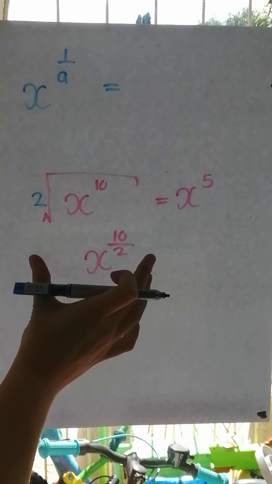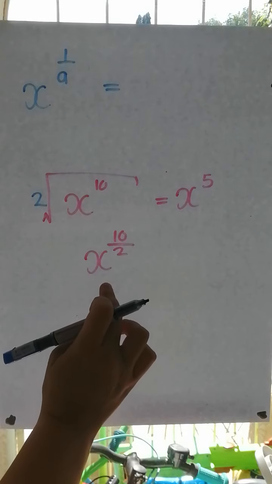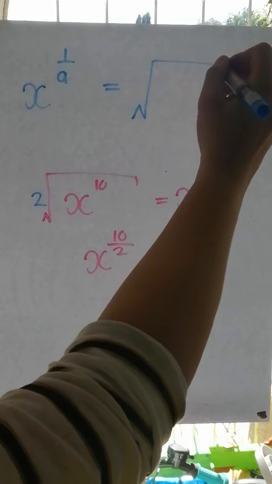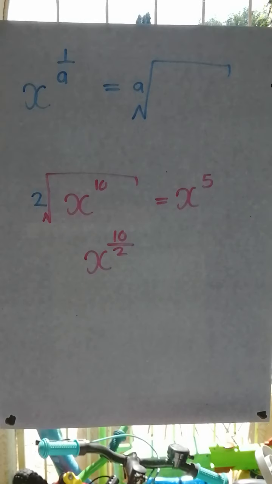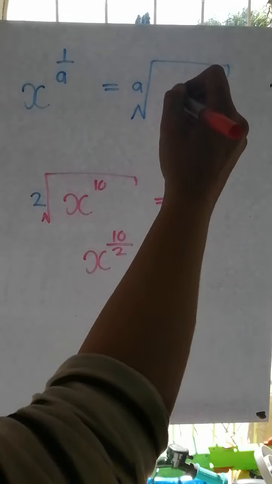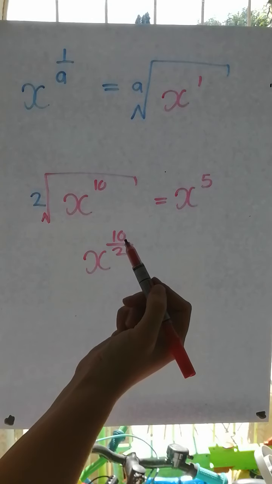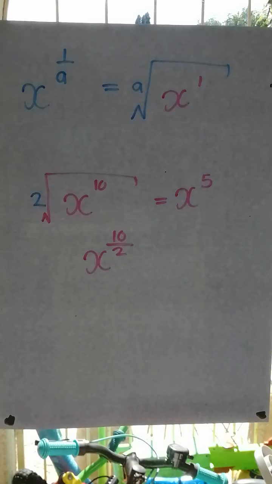So thinking of this, if I can write this x as a fraction, where does this a come from? That a comes from the outside. And what do I have on the inside? x to the power of 1. Just like here I had x to the power of 10, and that 2 came from the outside.